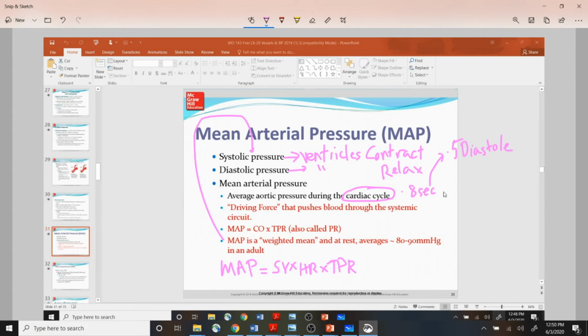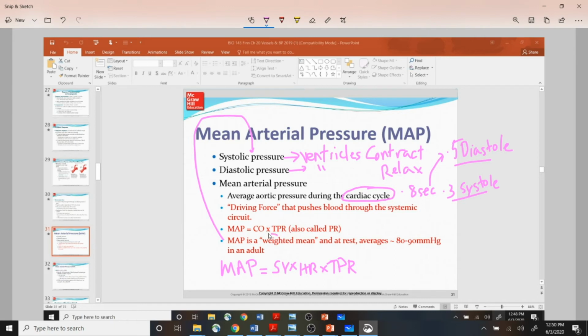And 0.3 of those 0.8 seconds is when the ventricles are contracting, systole. And this would be at rest. In 1 heartbeat, because remember, cardiac cycle is 1 heartbeat, we spend more time relaxing than we do contracting.